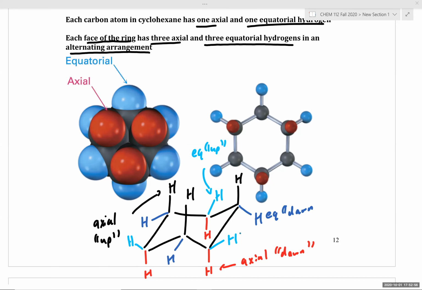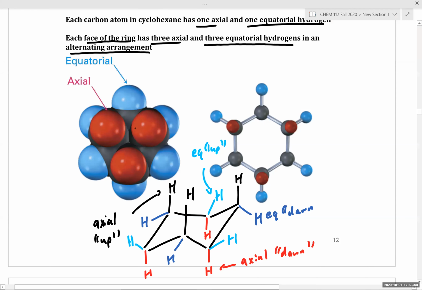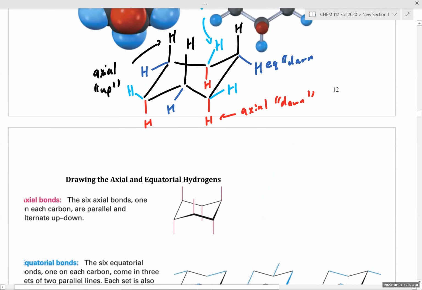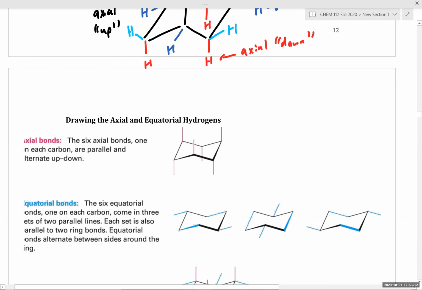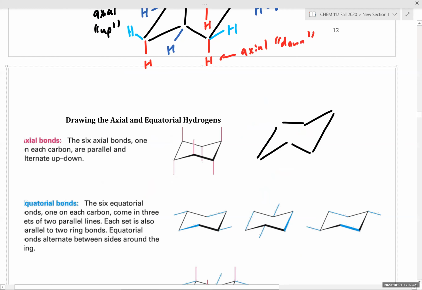Let's talk about how you properly draw each of these axial and equatorial hydrogens to respect the fact that each of our hydrogens is either on the top or bottom face. They're either pointing up or down. So for our axial bonds, we draw our cyclohexane ring, and then we draw a series of vertical lines.